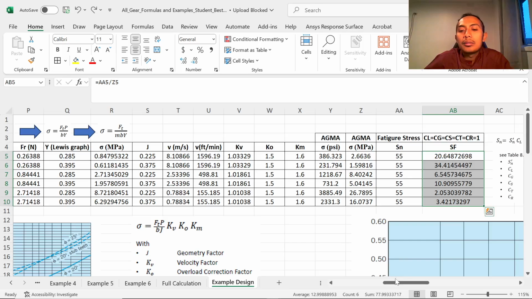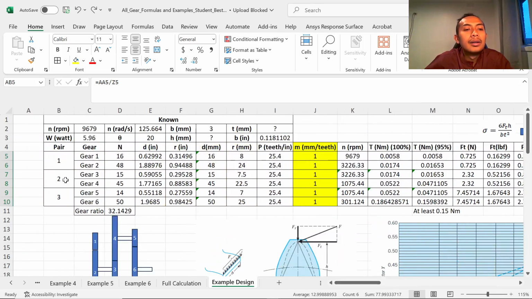That is how you calculate each gear one by one and design it in great detail. The good thing is you know which one is critical, and you can focus on that critical part, whether by improving the thickness, improving the diameter, or making it stronger with surface treatment, everything.